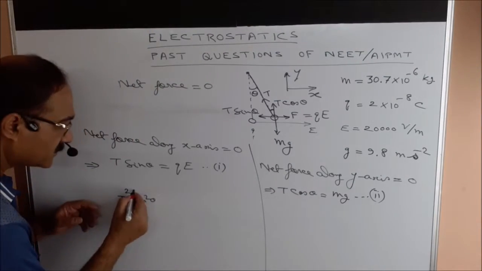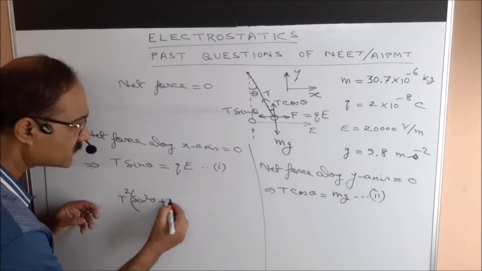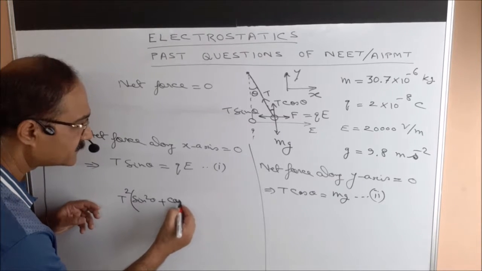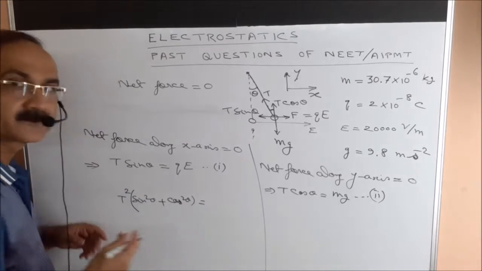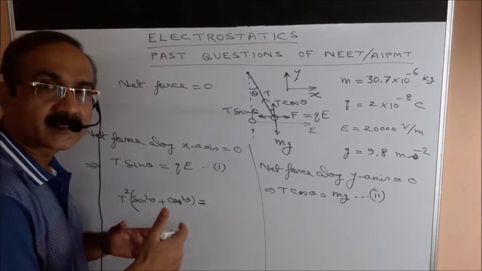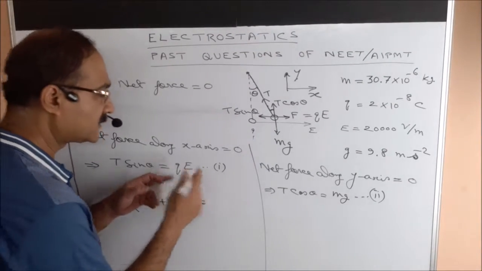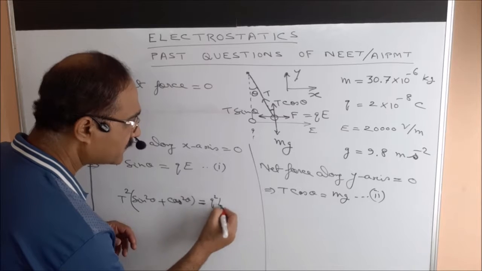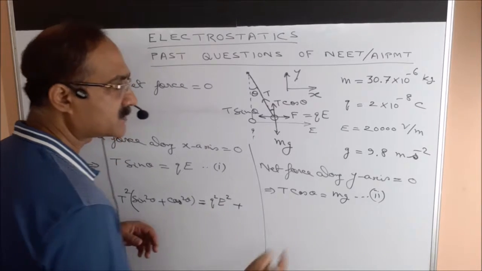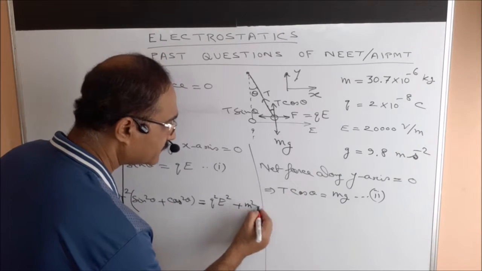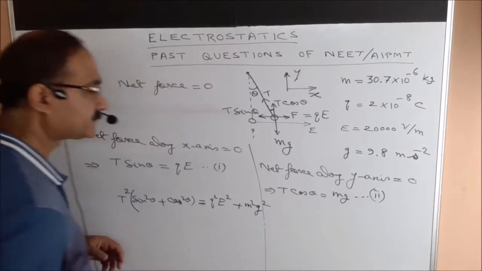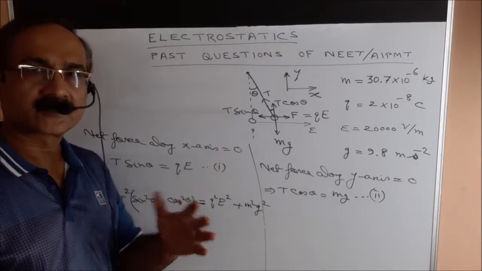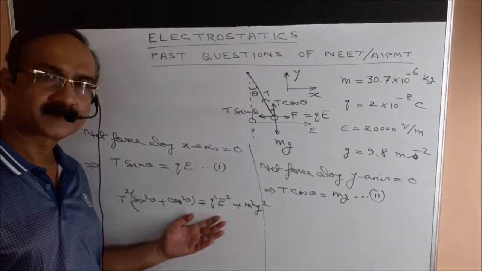If you take T square common, it will be sine square theta plus cos square theta, which will become 1. So theta will get eliminated. And on this side, this will be Q square E square plus m square g square. So you understood till this part?